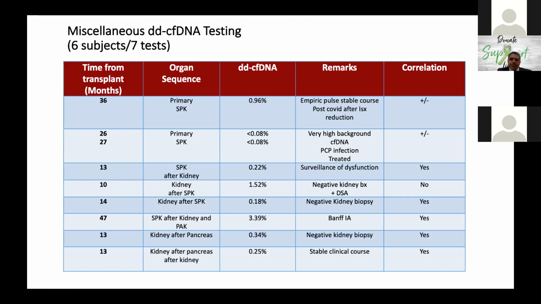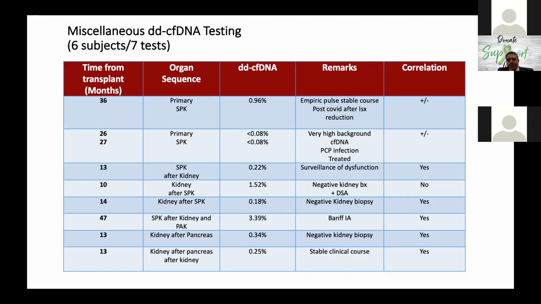But in situations where the host, the recipient, has very, very high cell-free DNA in the background because of infection, then you may not be able to reach that 1%, and the test will be falsely negative, because the donor cell-free DNA is a very negligible amount, and the recipient cell-free DNA is way higher than normal because of the infection or whatever circumstance they are under.